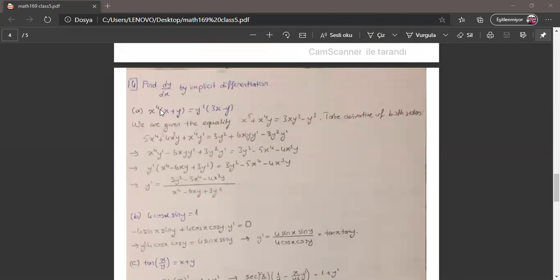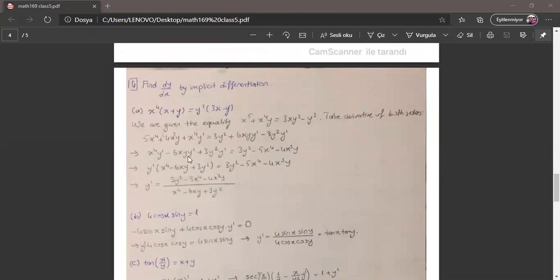We rewrite it to have a sum or subtraction, because while we have a product, taking its derivative is a little bit harder than this was. So that's why we rewrite it.